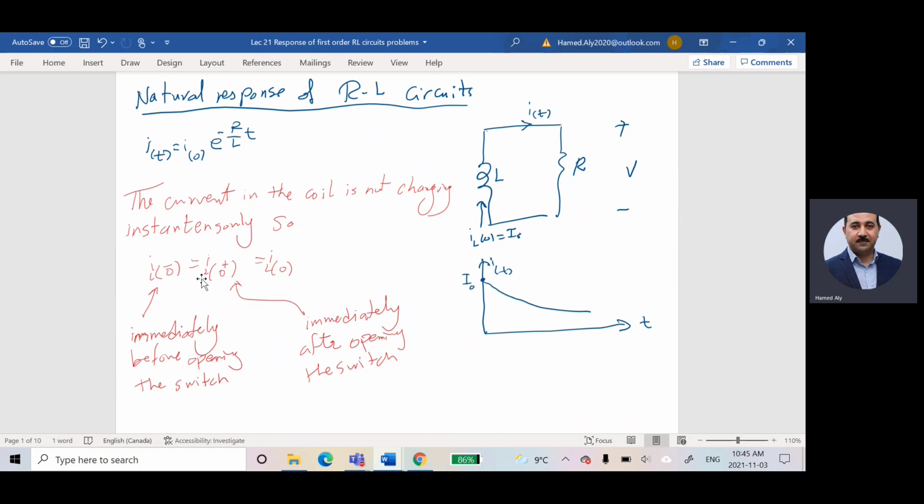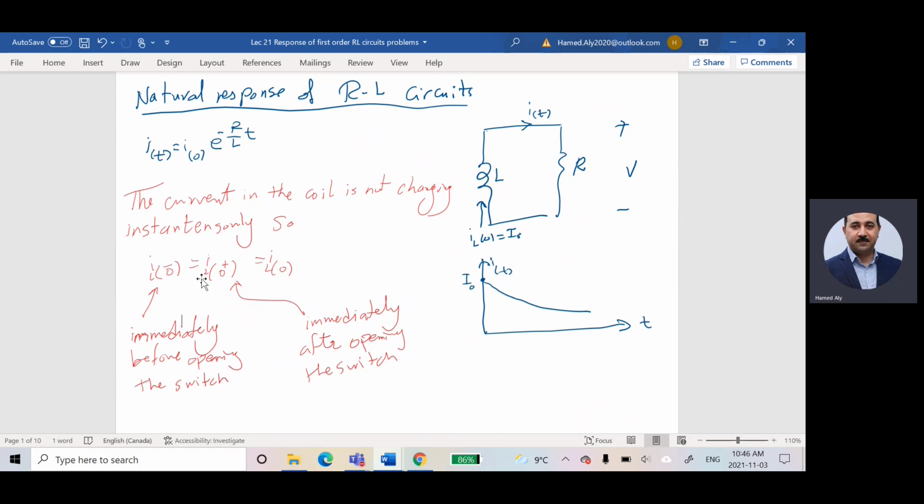But in case of the voltage, no, I'm going to say calculate the voltage for t greater than or equal to 0 positive. Why for the voltage I'm saying that? Because for 0 negative, the voltage was equal to 0. But for 0 positive, I have a value of the voltage. But for the current, no, 0 positive current is equal to 0 negative current.